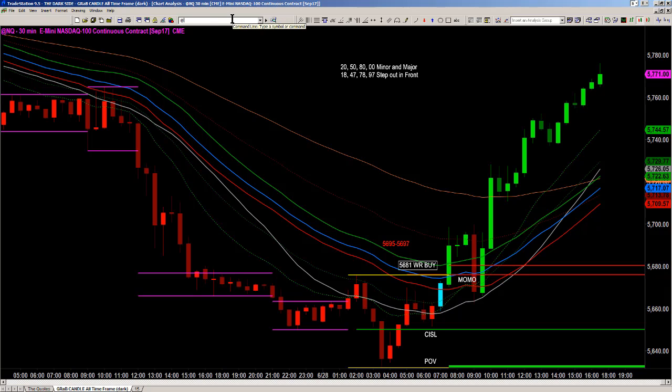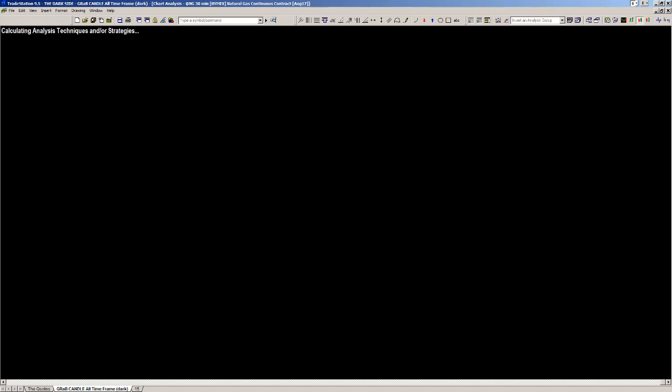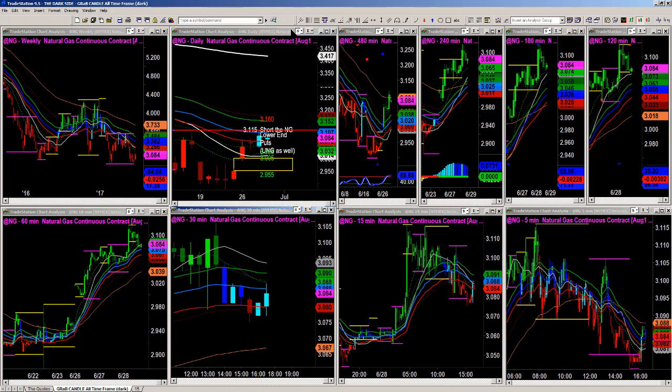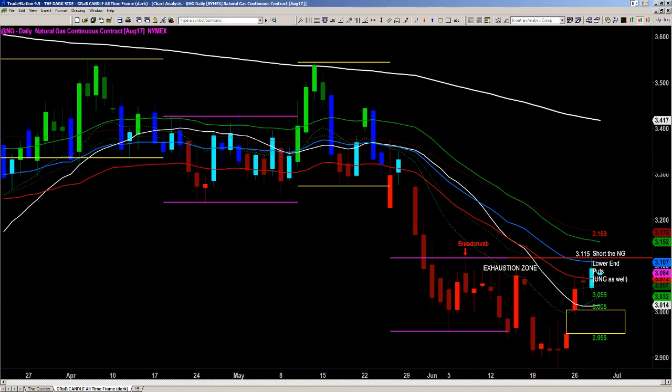All right, the next trade example was the natural gas trade. So this is Natty Gas, NG, on the daily time frame. You'll see here, Natty Gas went up into the previous high at the Darvas. That was that 3.115 level. It was previous resistance and the 34 EMA on the close.